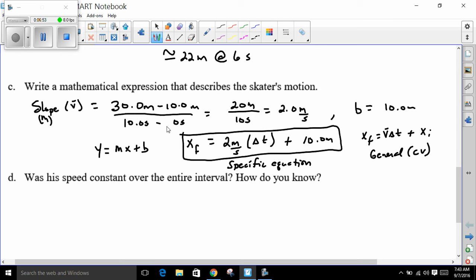Okay. Next question is, was his speed constant over the entire interval? And the answer appears to be yes. How do you know? The pattern of position change through time is linear.